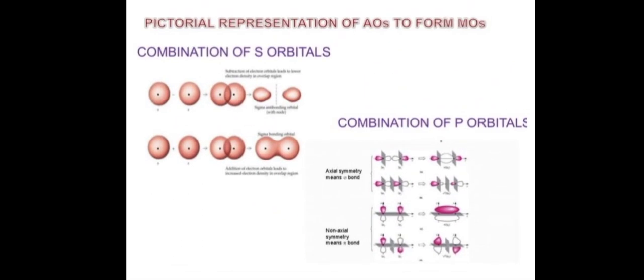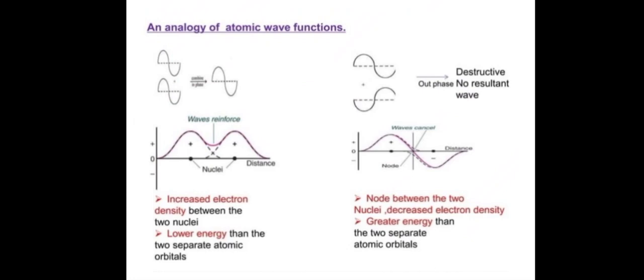Now coming to the atomic orbitals we have learned, and the molecular orbitals, you see this is the wave function analogy, how atomic orbital waves, that means psi, generate molecular orbital formation. So molecular orbitals undergo two kinds of interaction, destructive and constructive.